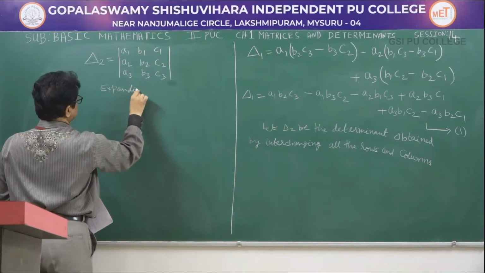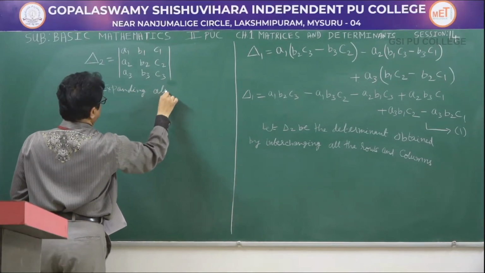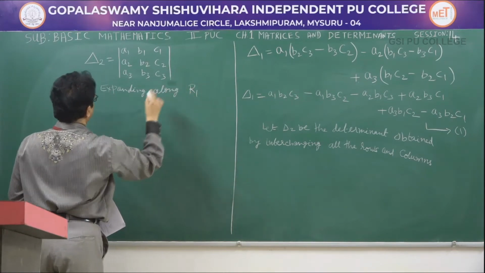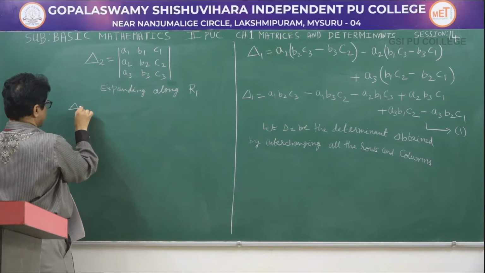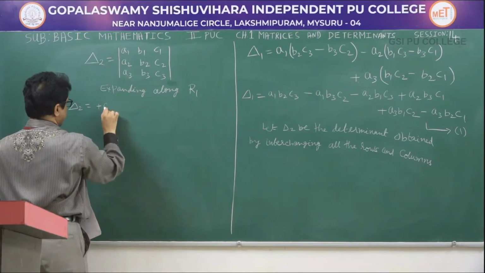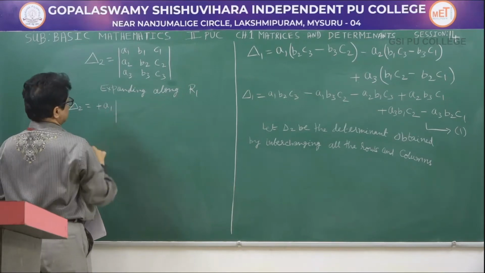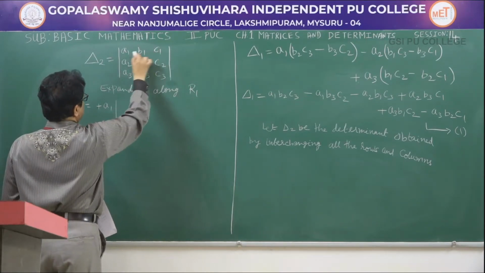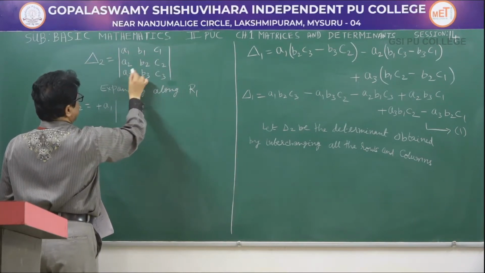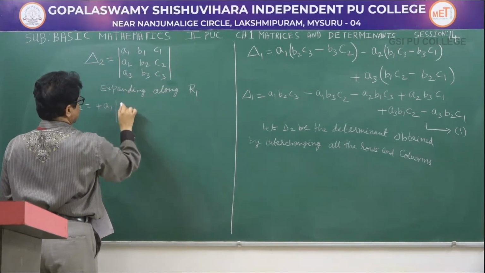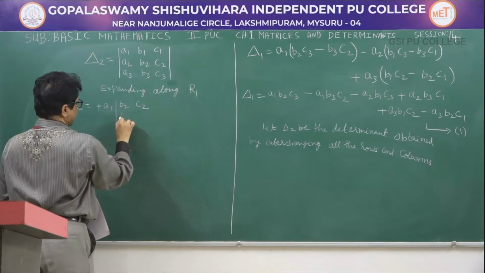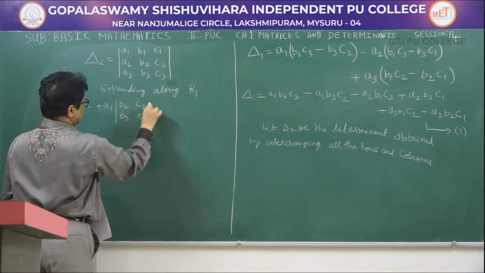Expanding along R1. So delta 2 is equal to, first we shall write plus, so A1 into, A1 lies in the first row and first column, we eliminate the first row and first column and take the determinant of the remaining elements, that is B2, C2, B3, C3.